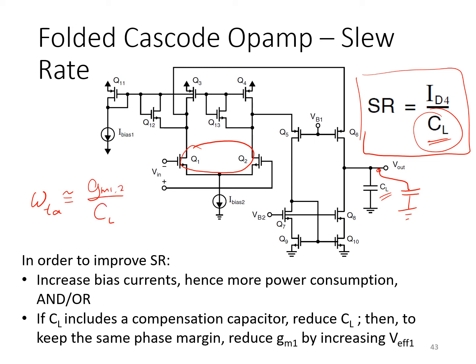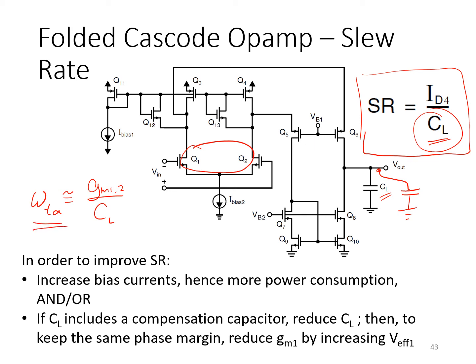So you've reduced CL in order to improve the slew rate, and you can then reduce GM1 and 2 commensurately by sizing them to have a larger V effective for the same bias current, and that would keep the unity gain frequency the same.